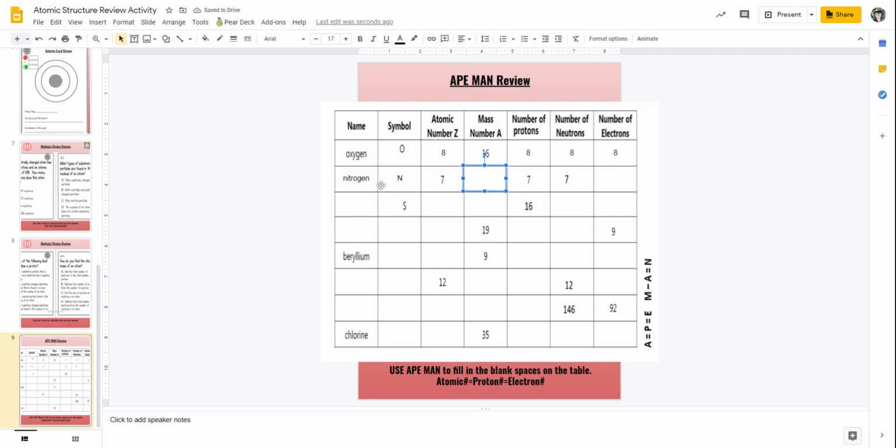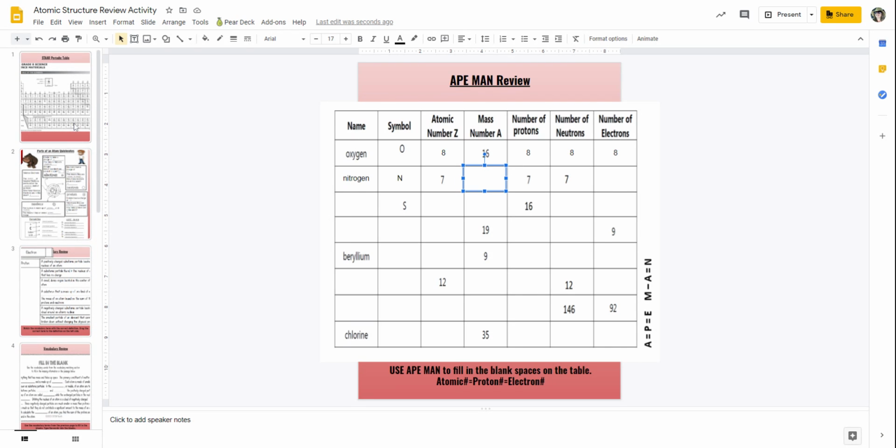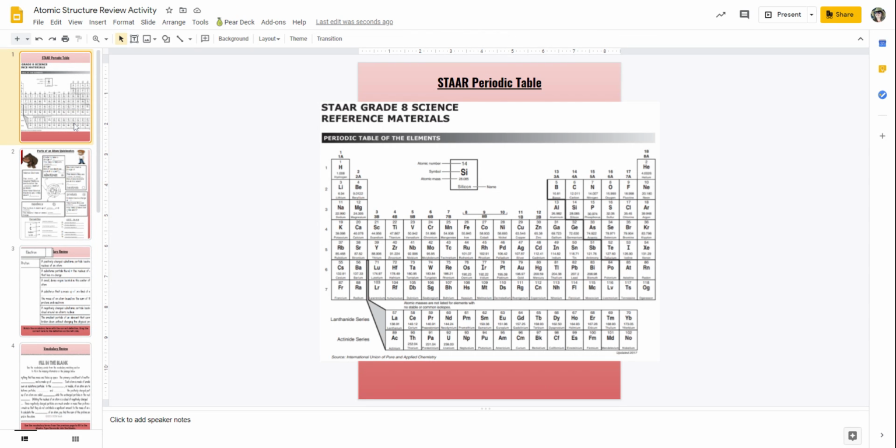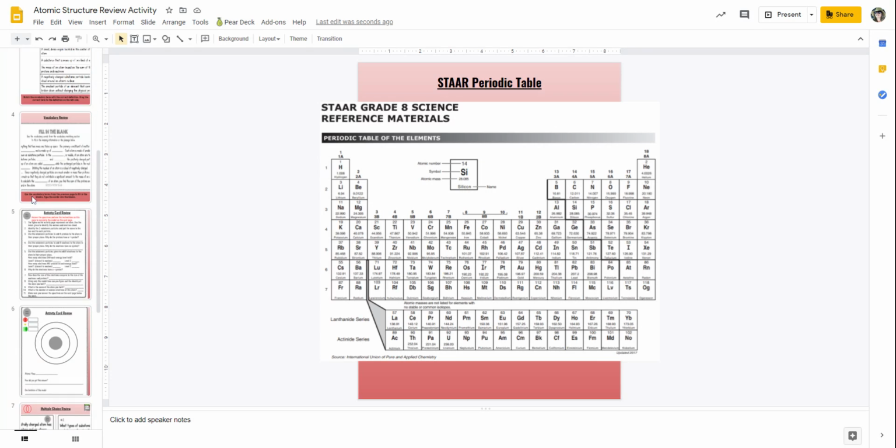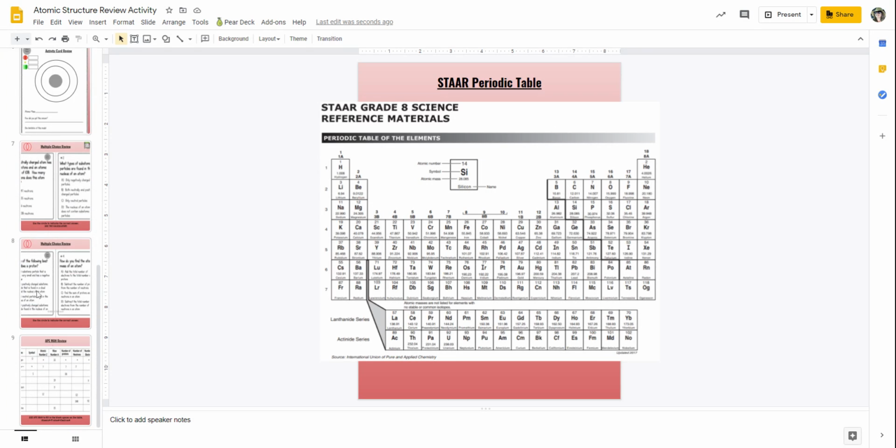Okay, now I can go back up and I can look back at nitrogen, and the mass is at the bottom. So the mass is 14.007.